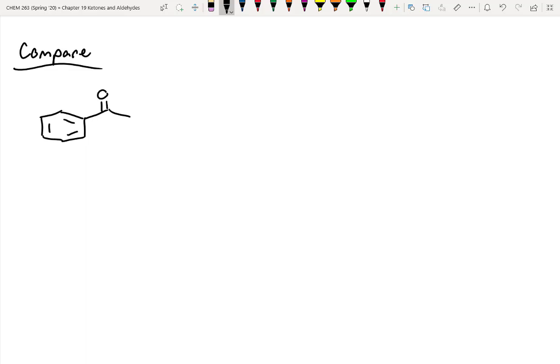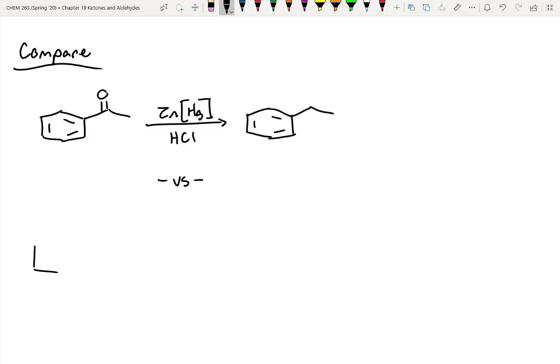In particular, if you have acetophenone, we saw that we could do that Clemmensen reduction, where you have a zinc amalgam, meaning it's zinc and mercury, and hydrochloric acid, and we could accomplish something similar, right? We could get rid of an aromatic ketone and just turn it into an aromatic molecule with some sort of alkyl group coming off of it. All right, let's compare that to the one we just saw.